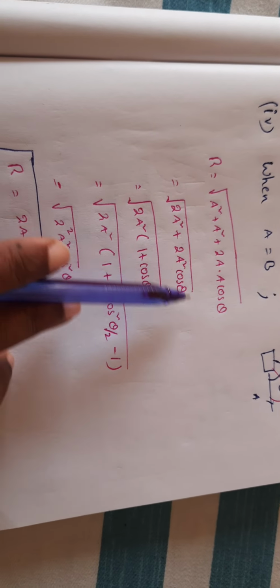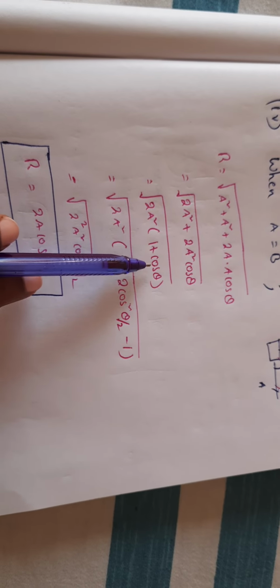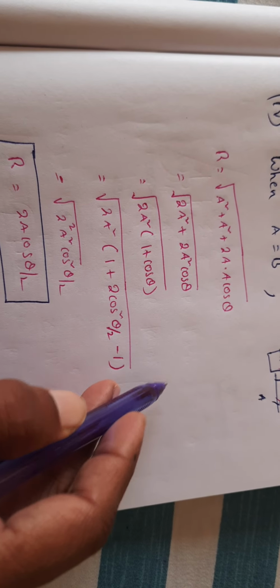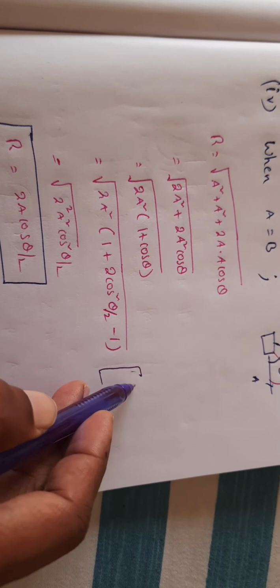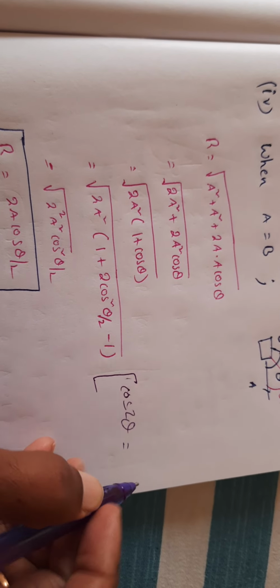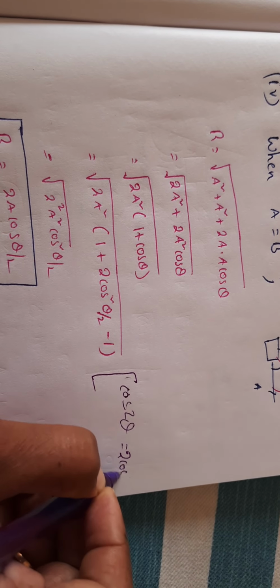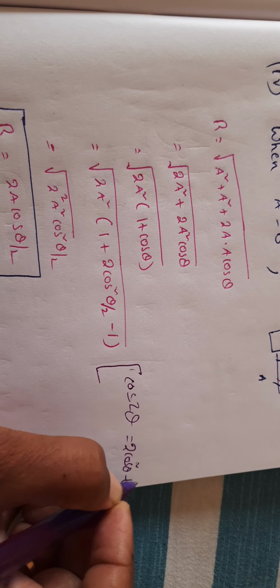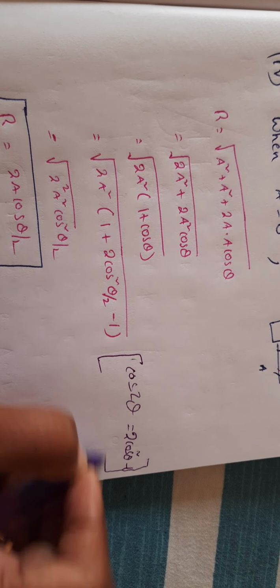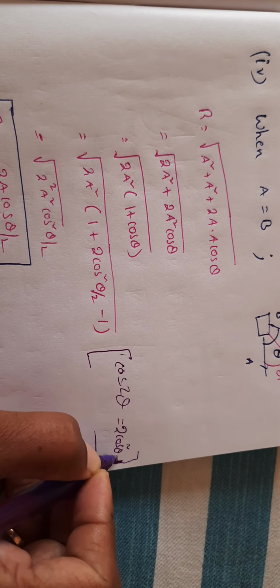Now 2A square plus 2A square cos theta, taking 2A square common, you get 1 plus cos theta. And you have the relationship that cos 2 theta is equal to 2 cos square theta minus 1.